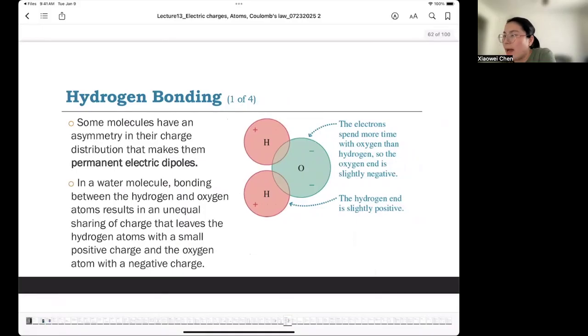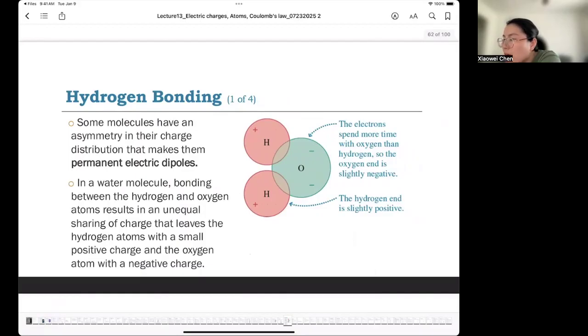Let's talk about hydrogen bonding. This is an application: some molecules have an asymmetry in their charge distribution that makes them permanent electric dipoles.